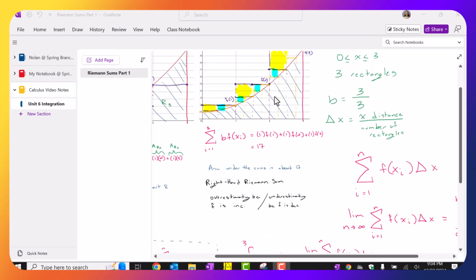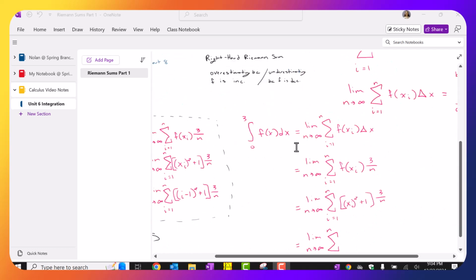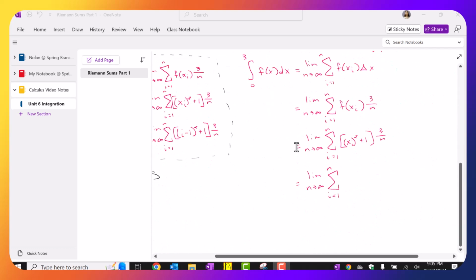And then for our second rectangle, we want 2. For our third rectangle, we want 3. So in this case, we actually can do this really nicely. It's just going to be i squared plus 1 times 3 over n. We don't have to change anything about our i. It makes perfect sense to just leave it at i squared plus 1.